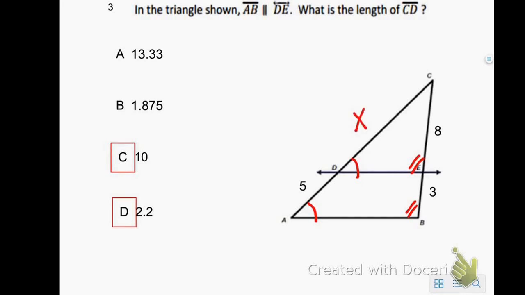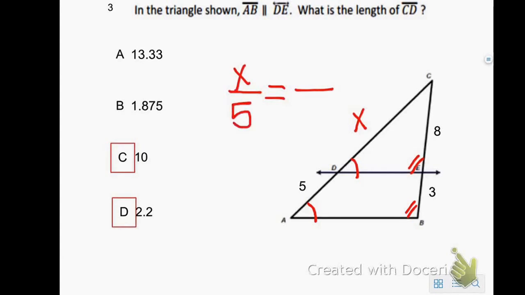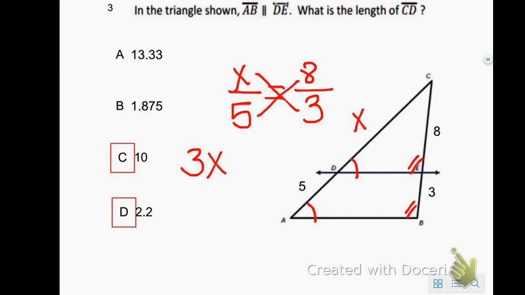So if the sides are proportional, that's telling us to set up two proportions. So draw two equal fractions. Make sure that the numbers are corresponding to each other. So X and 5 correspond to each other, and 8 and 3 correspond to each other. So in order to solve this question, I'm going to cross multiply. 3 times x is 3x, and 5 times 8 is 40.